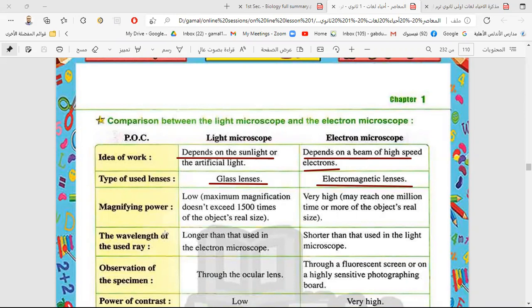And magnification power reaches 1500 times in the light microscope، واكتر من كده هتبقى not clear. لكن الماجنيفيكيشن باور هنا reaches 1 million times. الويف لينس هنا لونج ويف لينس، اللايت العادي لونج ويف لينس، لكن عندي في الالكترونيك مايكروسكوب فيري شورت ويف لينس.